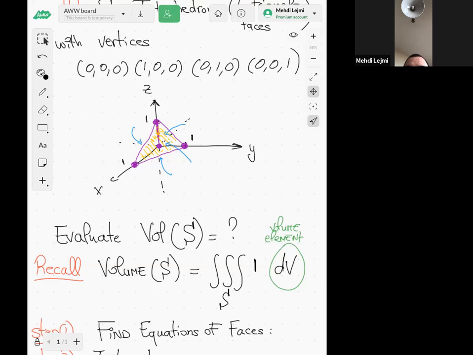If you got the bounds, I think the integral is not really hard.